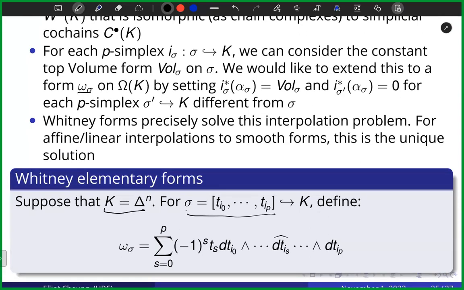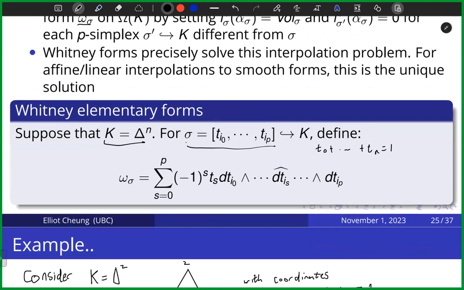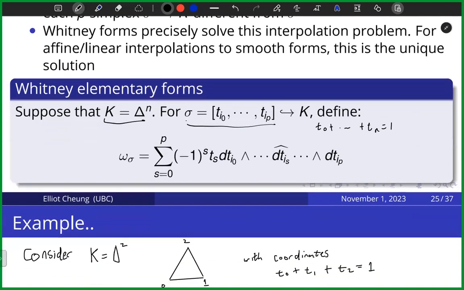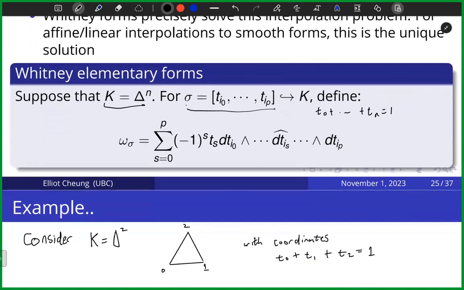There are some global coordinates on K that satisfy this, and these coordinates are picked out of the global coordinates. So let me illustrate this with an example. I pre-wrote this to save some time.